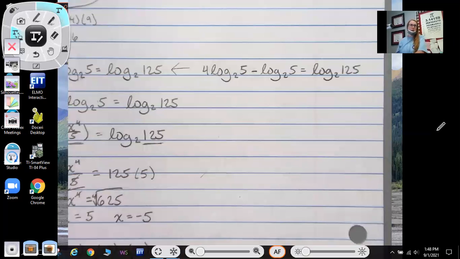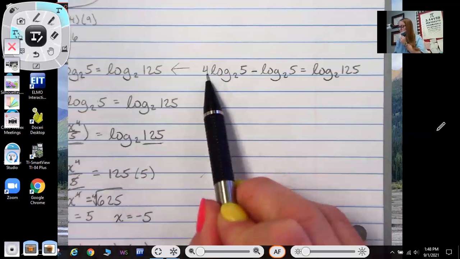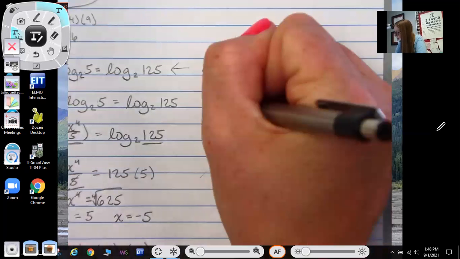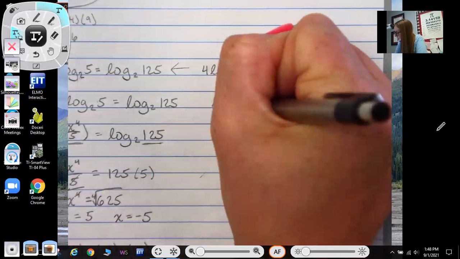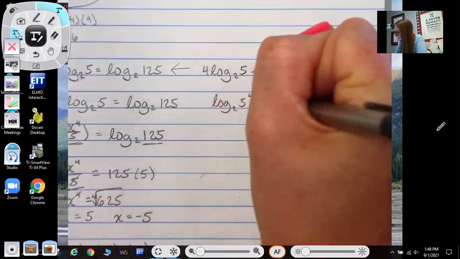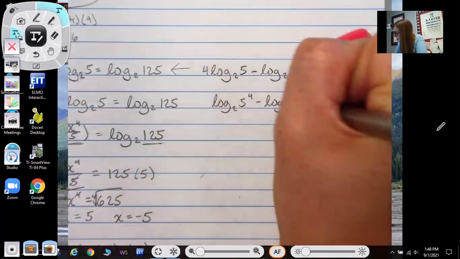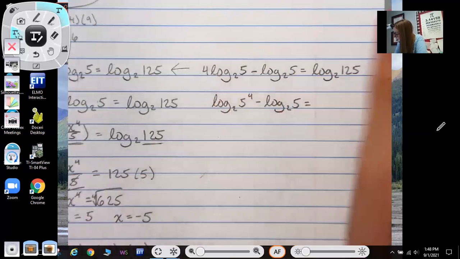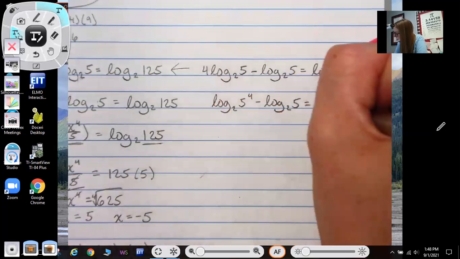And the way that we keep checking it, we just follow the same steps that we took when we were solving. So move this 4 so that it becomes an exponent on the 5. Log base 2 of 5 to the 4th power minus log base 2 of 5 equals log base 2 of 125.